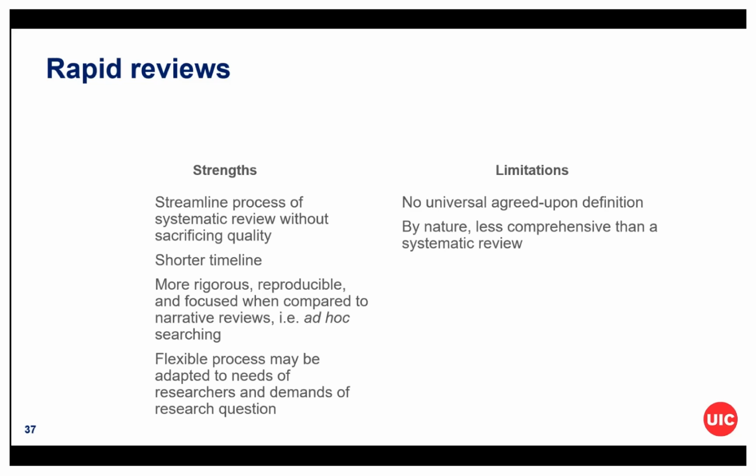COVID is an example, because there were a lot of rapid reviews, with everyone trying to figure out how COVID-19 works and how to treat it, going into the literature and figuring all this out on the fly. Those rapid reviews were what a lot of people were doing, just so they could get the existing evidence out there. And it's not as rigorous as a systematic review. Even though you might be using the same databases, it's not as rigorous, and there might be more bias in it too.